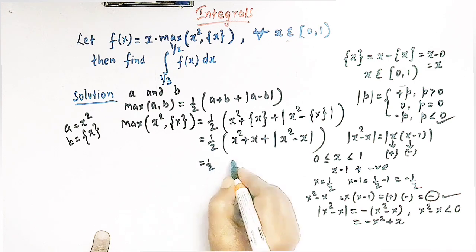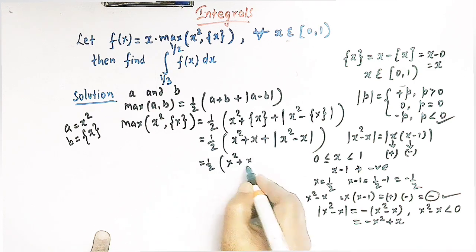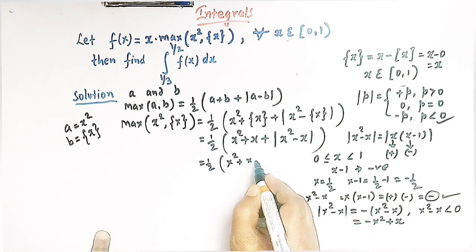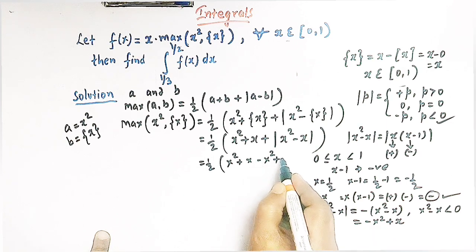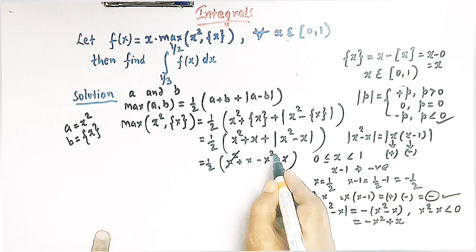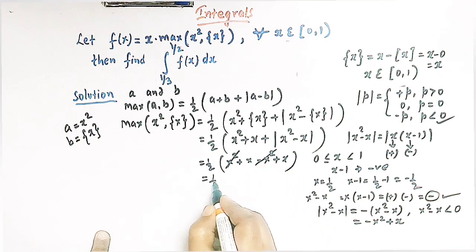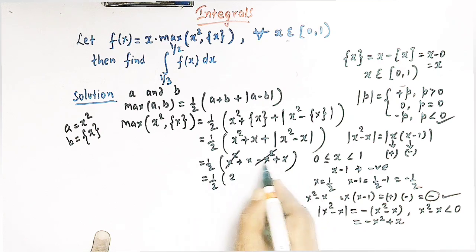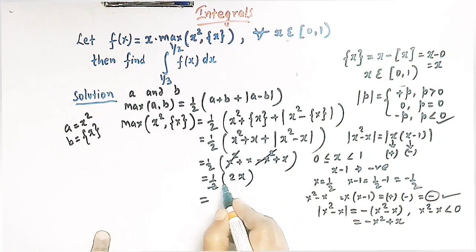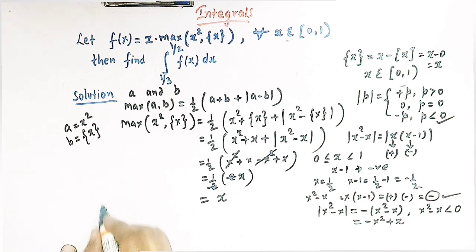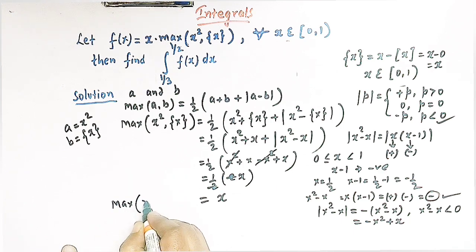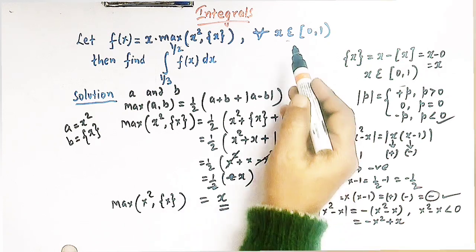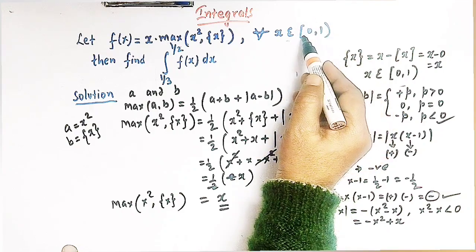So now we have half of x square plus x, and here we have minus x square plus x. So x square and minus x square get cancelled, and we have half times x plus x is 2x. So 2 and 2 get cancelled, so we are left with x, right? So the maximum of x square and the fractional part of x is equal to x when x belongs to this interval, right?